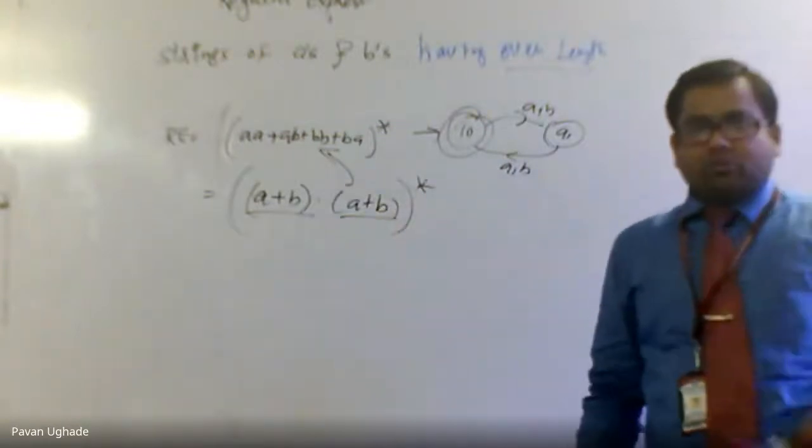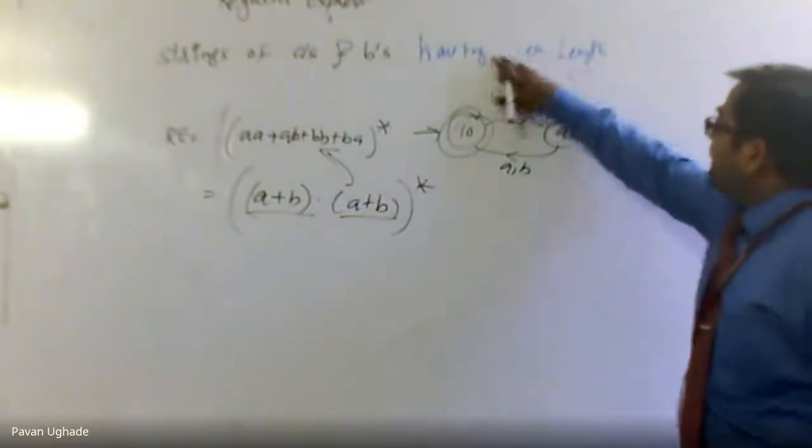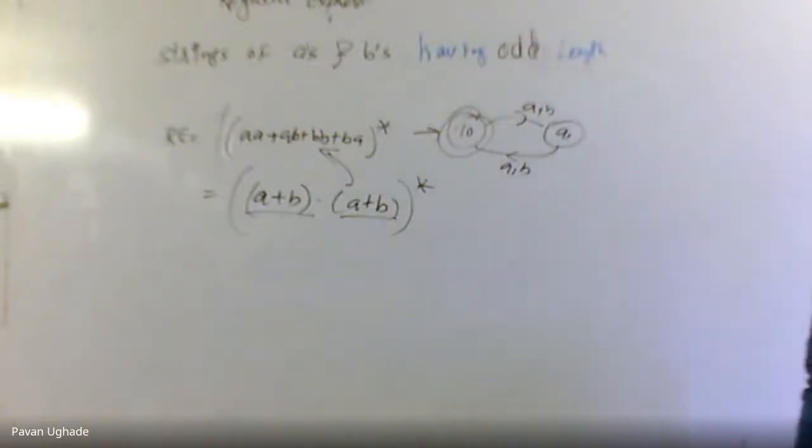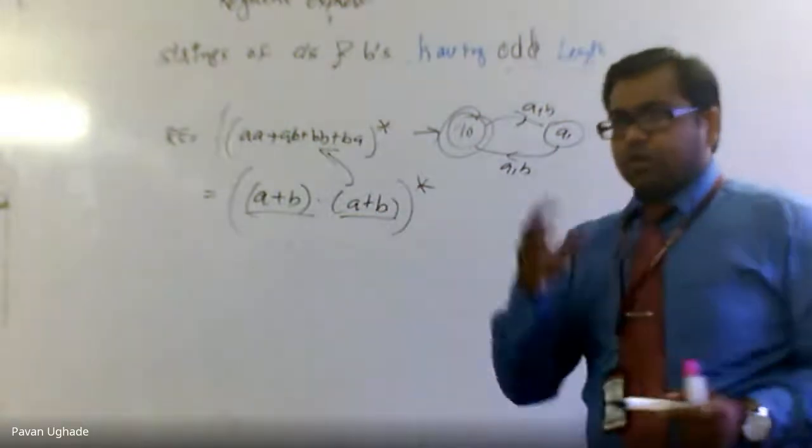Now if I ask you the question, instead of even length, if I make it odd length, what changes will you make? For the odd length, only one change you have to make. How to convert even to odd or odd to even? How does your automata get changed?